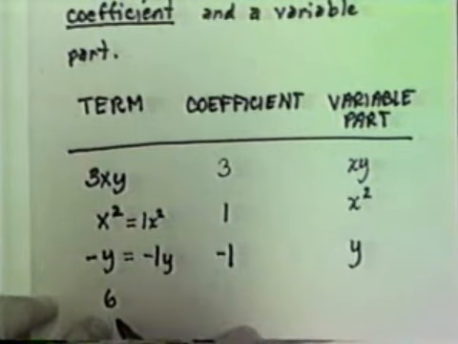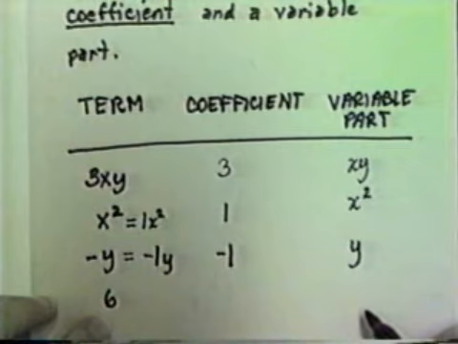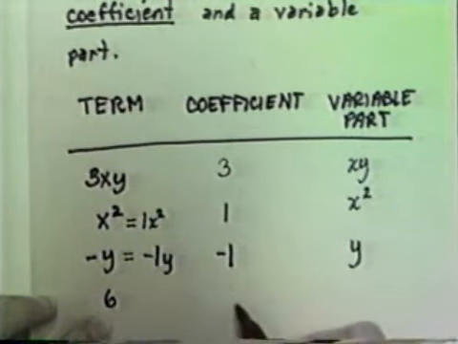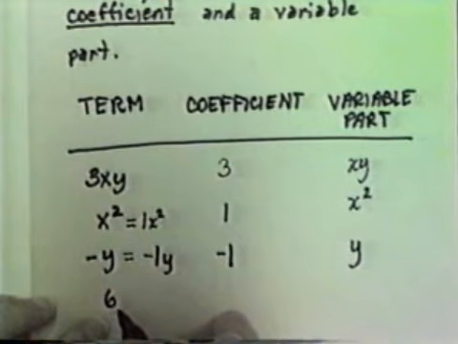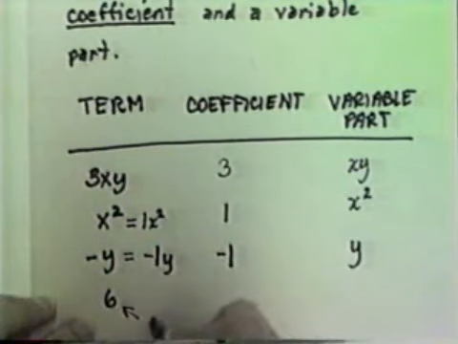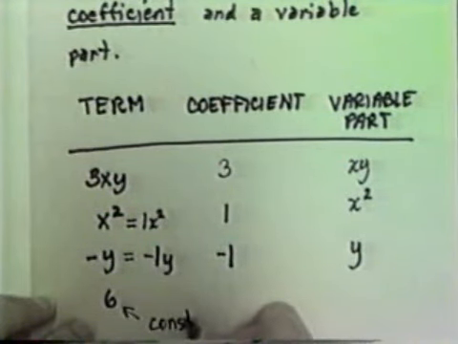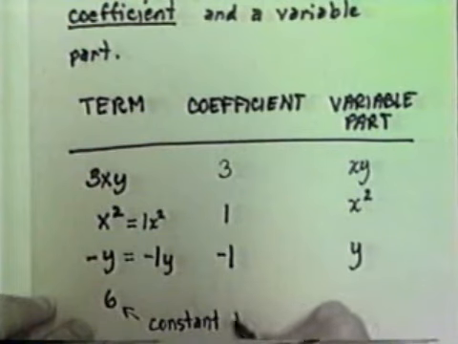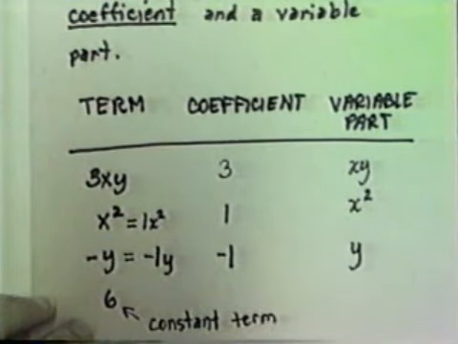Finally, the term 6, coefficient and variable part. Well, we notice right away there is no variable part. Do we call 6 the coefficient? Well, we can. However, it is more commonly described as simply a constant term. 6 is a constant term, as opposed to variable term.